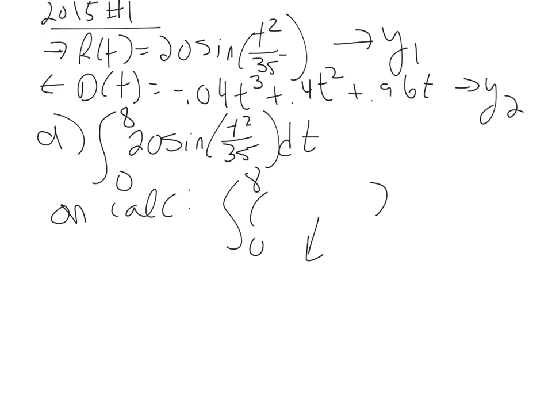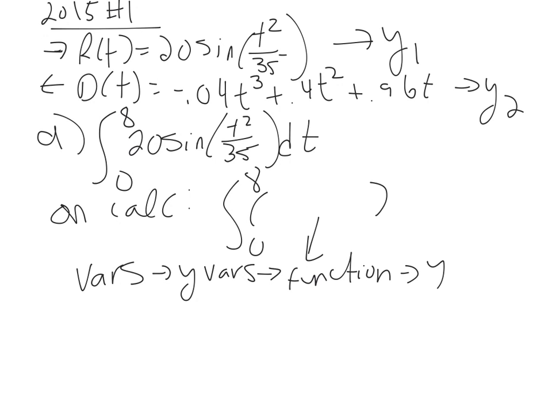So you go to vars, find the vars button, and then you scroll over to y vars, and then you hit function, and then y1, and then here, and then you would do dt. So that will already be done for you. You don't have to enter it in. And of course, double check to make sure that the functions you've entered in are correct. But as long as you've entered them in correctly, this will be so much easier.